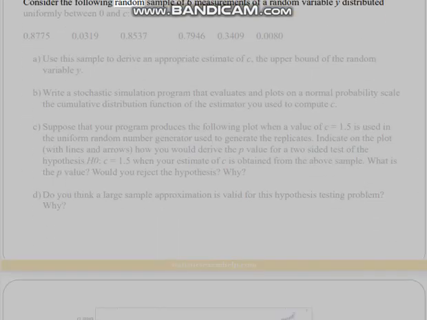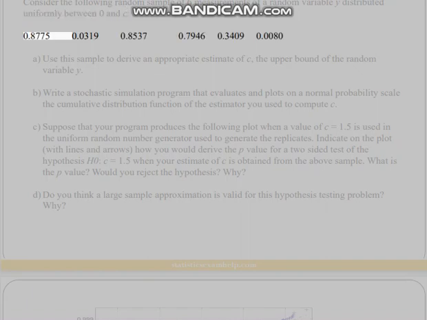Problem 4. Consider the following random sample of 6 measurements of a random variable y distributed uniformly between 0 and c: 0.8775, 0.0319, 0.8537, 0.7946, 0.3409, 0.008.